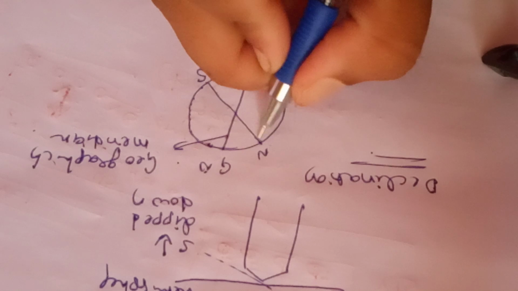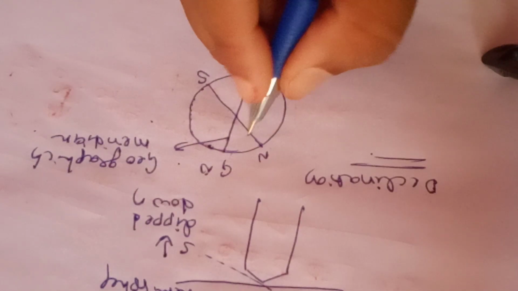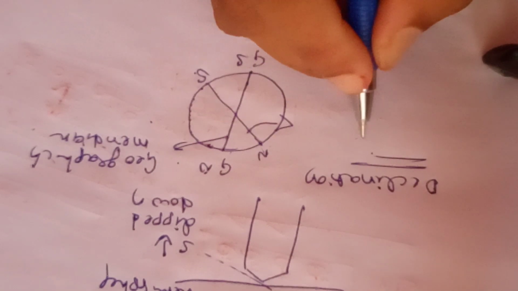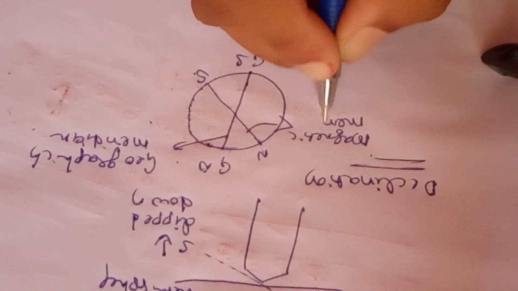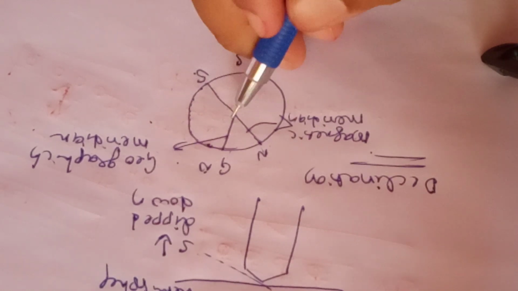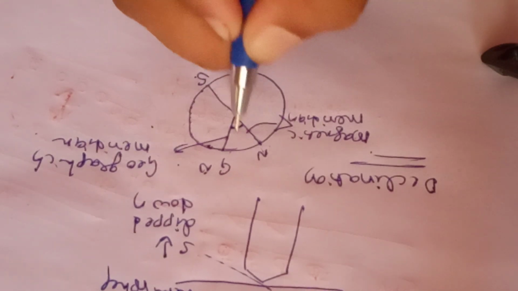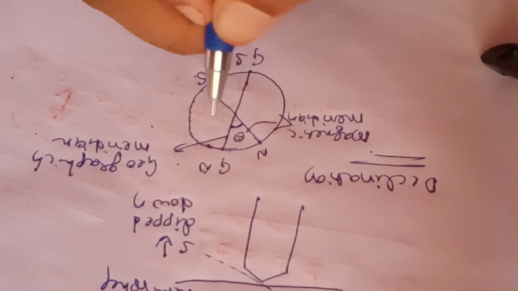And this line, you see, it is inclined to geographic meridian, and this straight line joining north and south poles of earth, we call it as magnetic meridian. Now see the position. Magnetic meridian is in such a way that it is making a certain angle theta with geographic meridian.